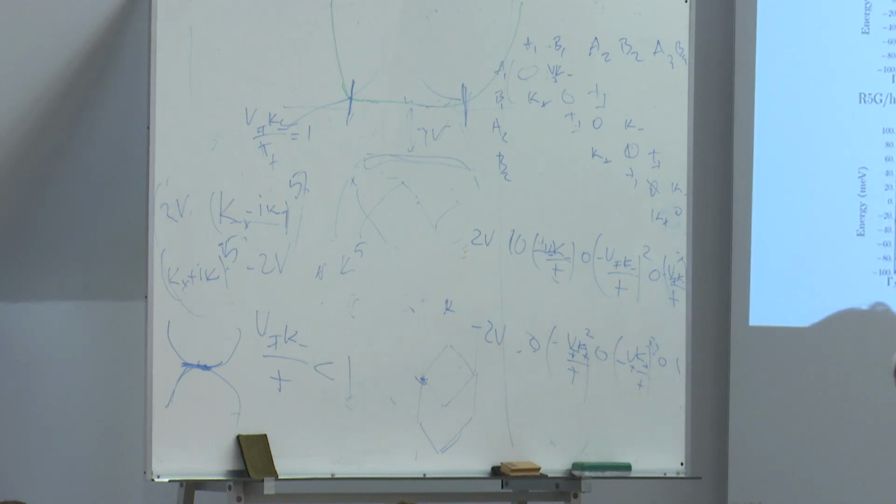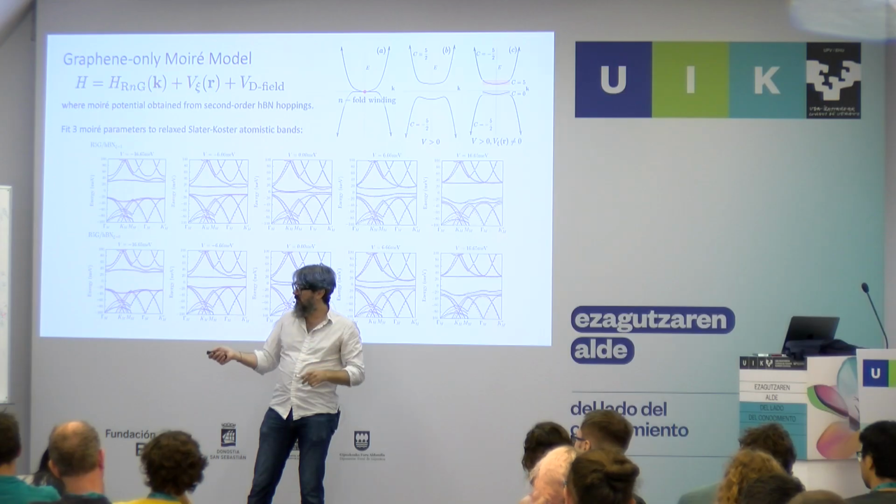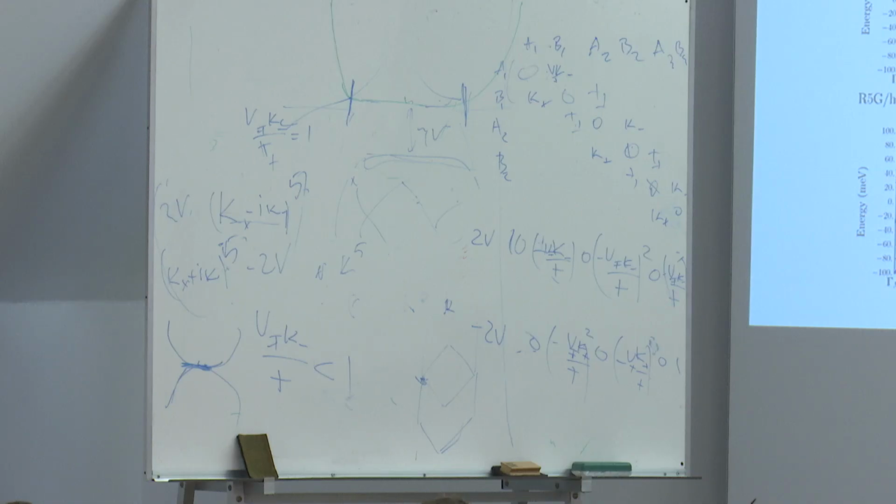And then the wave functions for this VFK over T less than 1 have basically a sequence that's decaying exponentially. One of them is decaying as you go towards the moire. So the weight of this wave function on the moire layer is very little. It's VFK over T perpendicular to the 5th power in the end, and that's very, very small.